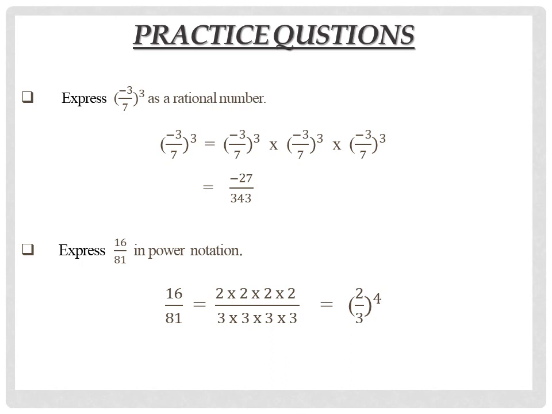Same here, the prime factorization of 81 is 3 into 3 into 3 into 3. It means 2 and 3 are each multiplied 4 times, so we can write it as 2 upon 3 raised to power 4. It means we represent 16 upon 81 as 2 upon 3 to the power 4 in power notation.